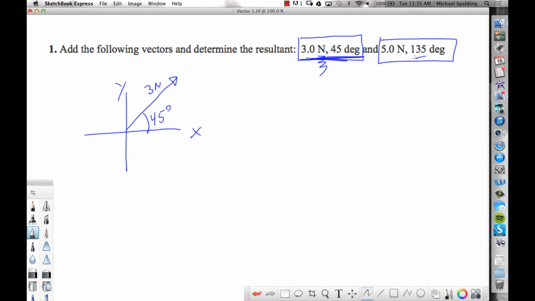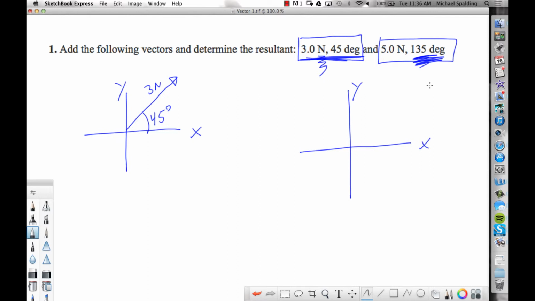Guys, do you want to be working with angles that are above 90? I don't. As a general rule, you want to make your angles between 0 and 90. So how do we get 135 into something between 0 and 90? Well, let's look at what it's telling us. Here's x, y. This 135 is understood, just like math class.